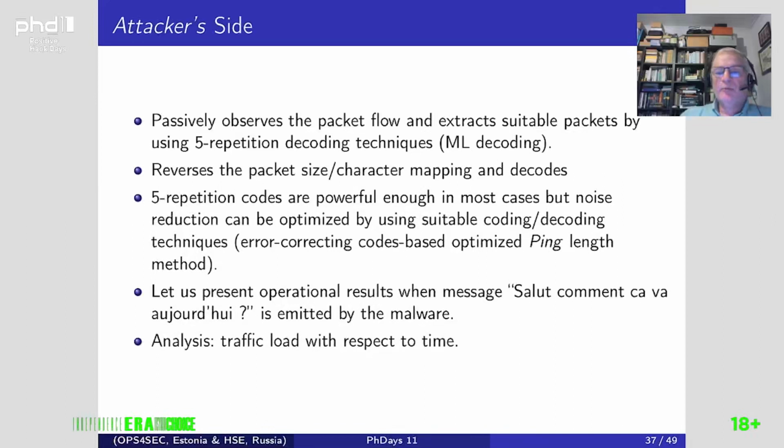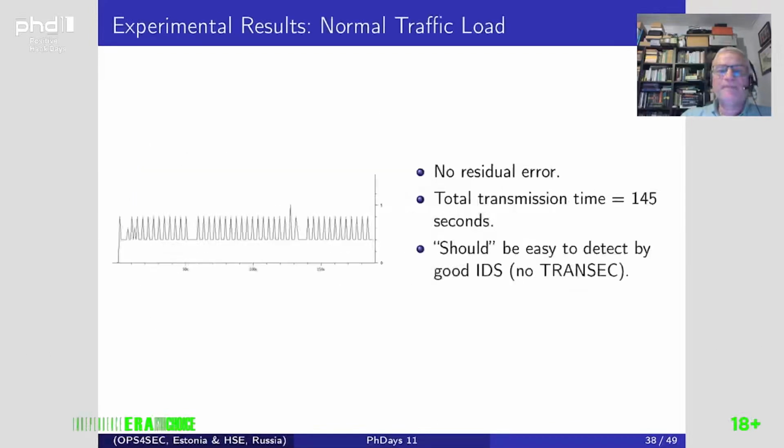Just imagine that we want to code the sentence "Salut, comment ça va aujourd'hui? How are you today?" And we are going to show different results depending on the traffic load with respect to time.